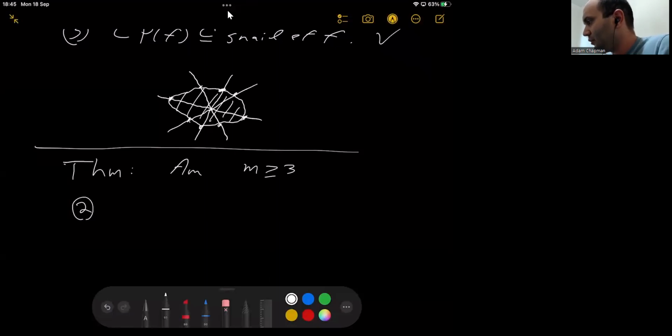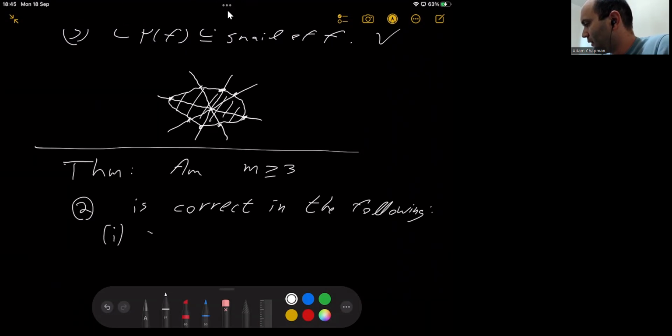But apparently 2 is correct in the following cases. So the first case is again when the degree of f is 2 and m is equal to 3. So here we're talking about octonions.